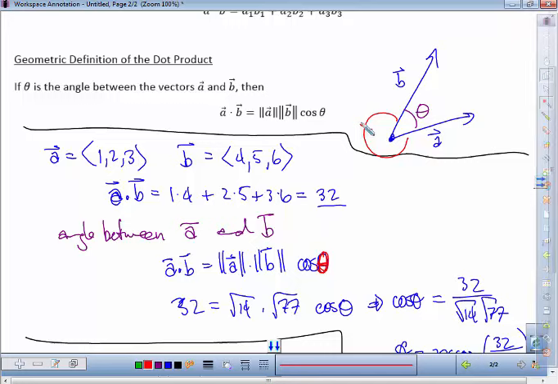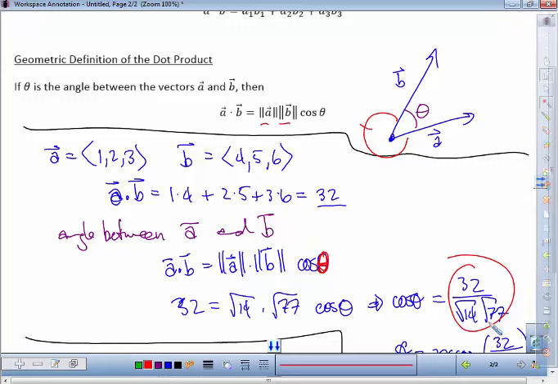The other interesting thing is that if you look at the formula for the geometric definition of the dot product, the right-hand side has magnitudes of A and B. When we do this computation, we're solving for theta, right? We're going to take the cosine inverse of the dot product divided by the magnitudes. Now, the magnitudes are always positive, right?